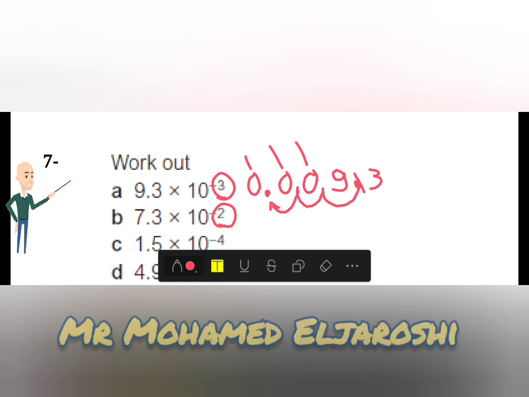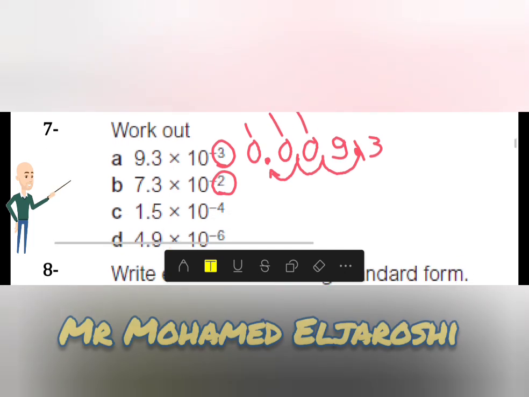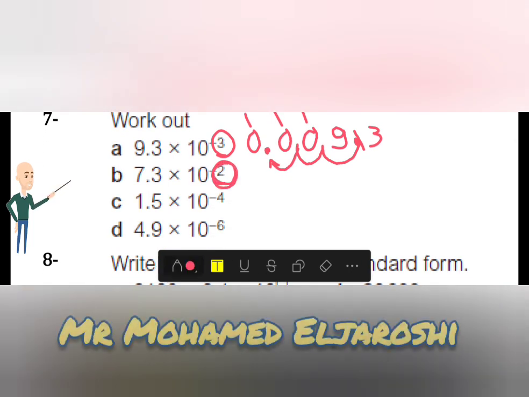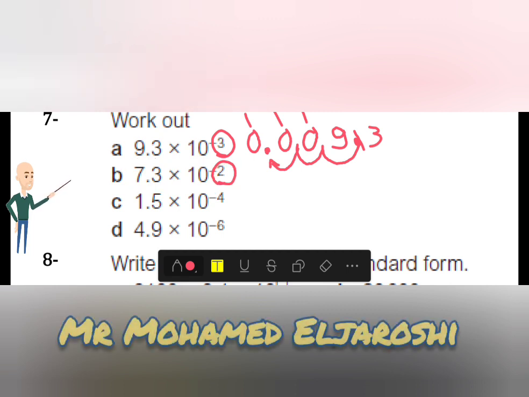Same idea. Now, let me show you in question B how to do this with this idea. So in question B here, I have 2 zeros, okay? And I have 7, 3. Now, with 2 zeros, I can put 1, 2, and put the decimal point between them, and the 7, 3. This is the same idea.